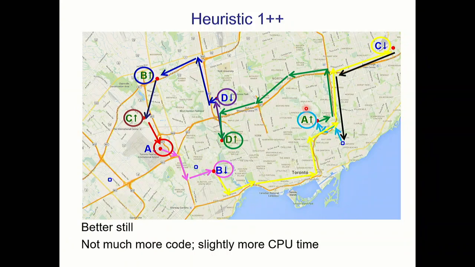You will notice that in milestone 3, most of the heuristics you try will change probably 10 to 20 lines at most to find a better heuristic. Maybe you have a much smarter algorithm that you have to develop, but that's fine. There are actually ways to change the whole algorithm. So not much more code, slightly more CPU time probably because of the extra constant time, but overall better quality than the previous one. So that's a good idea.